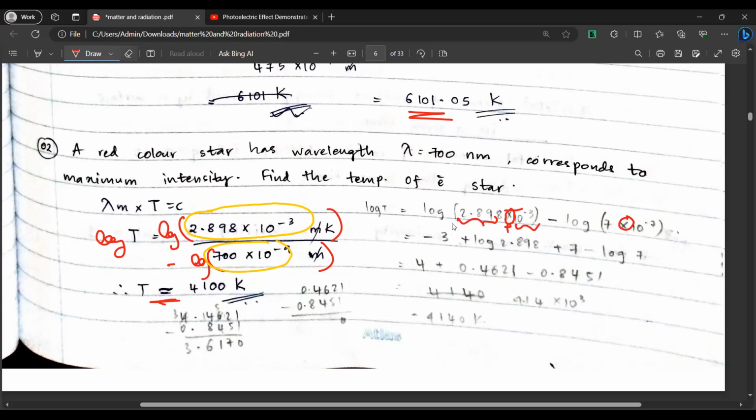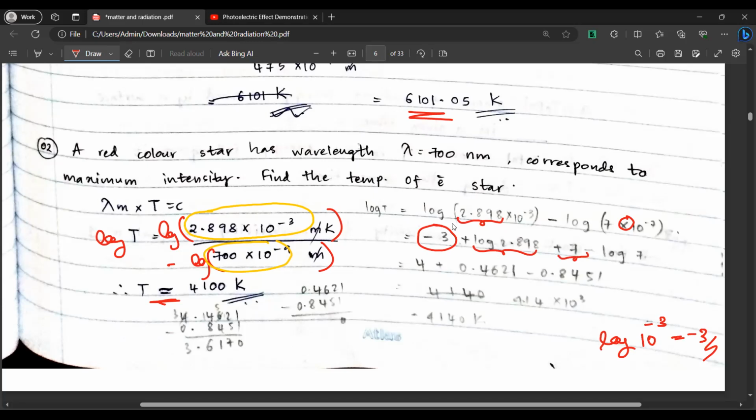So here we know that log 10 to the power minus 3 is equal to minus 3. So that is how we got this -3 in front. Use the log book to find this value. And here we have log 7.